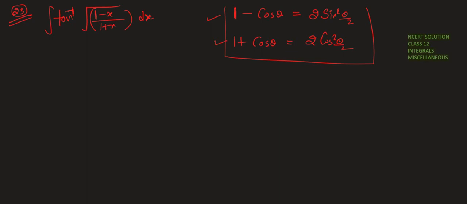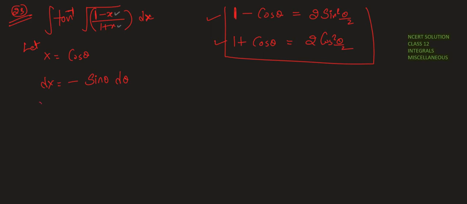Okay, so if I want to use it, can I consider x as cos theta? We are just assuming. So dx will be minus sin theta d theta, right? Focus here, there will be many questions similar to this in inverse trig as well.